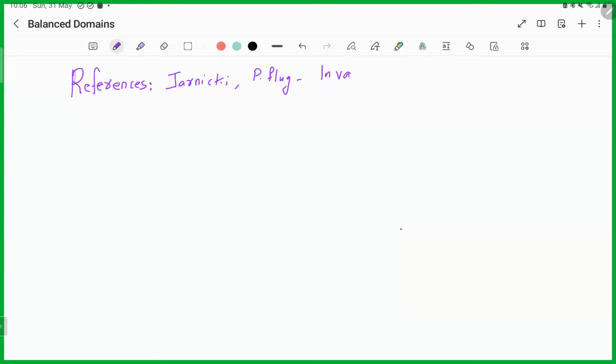Distance and metric. Another one is Rudin's book, Function Theory in the Unit Ball.